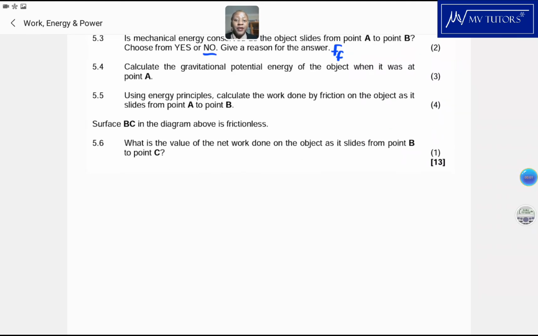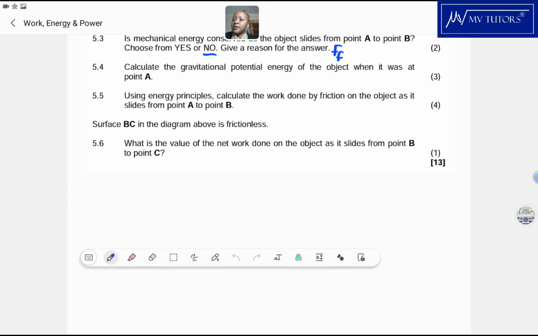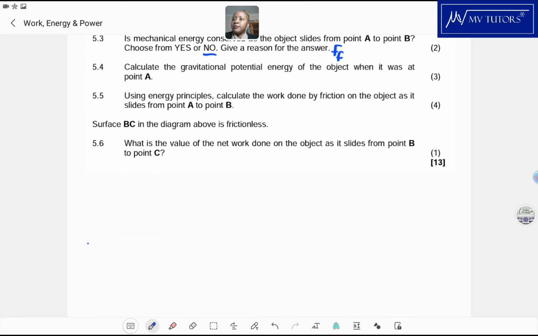Okay, 5.4. It says calculate the gravitational potential energy of the object when it was at point A. So the formula for that would be: potential energy is mass in kilograms times gravitational acceleration times the height.